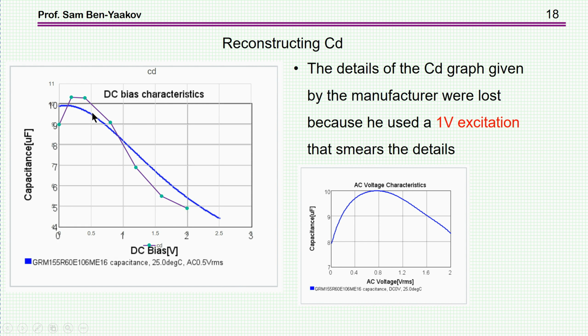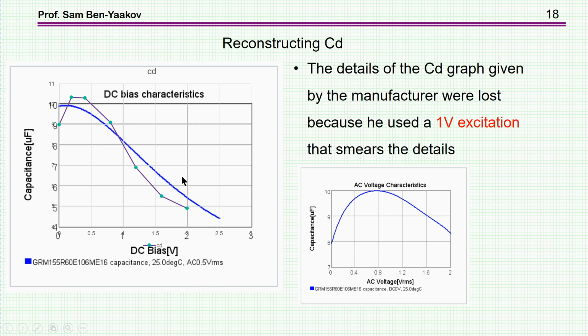Now, the curve that we got was measured with 0.5 volt RMS. That's quite a bit. If you measure with 0.5 volt RMS, it will sort of smear this thing off, and you'll get something of the average value, which loses all the detail.